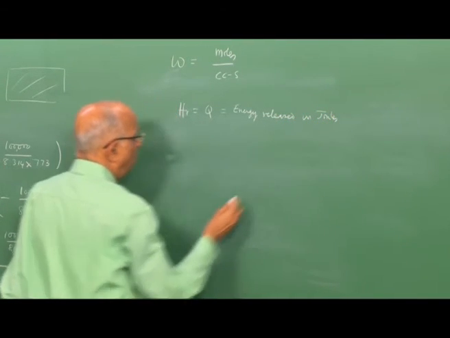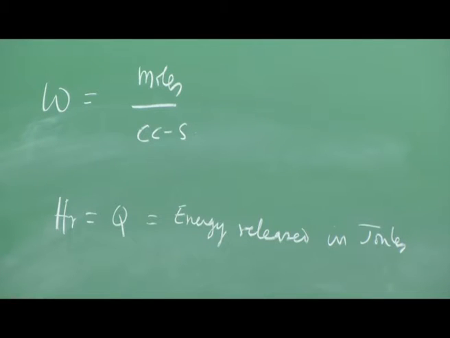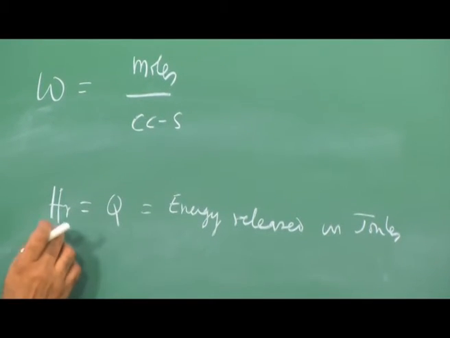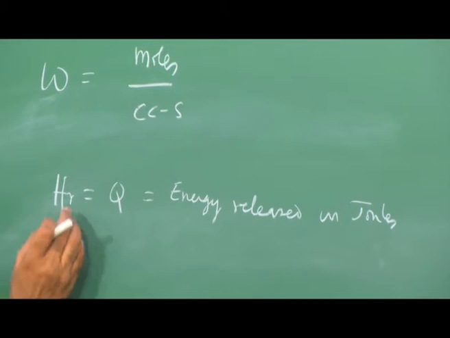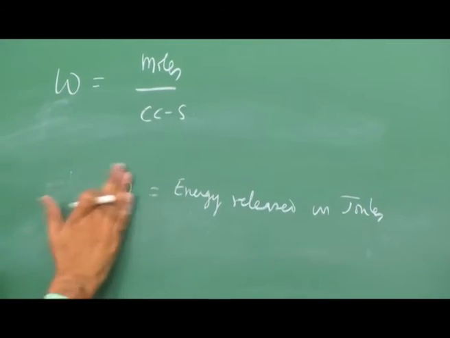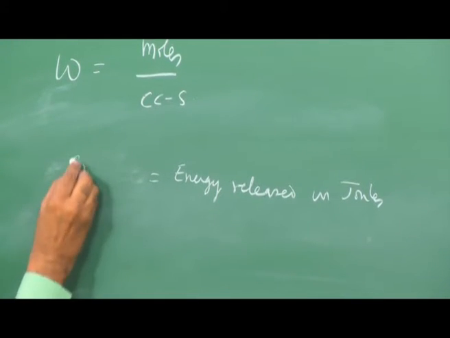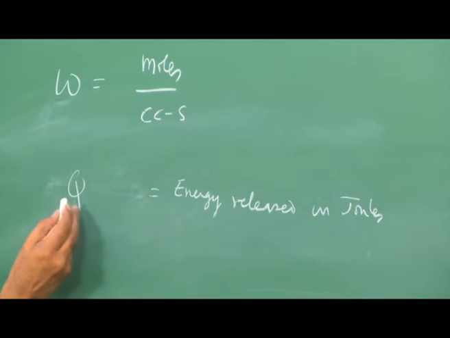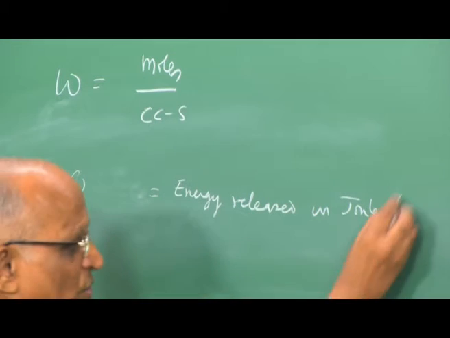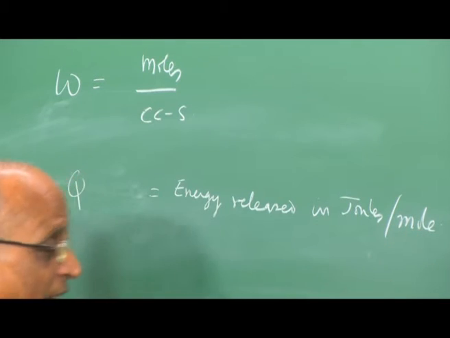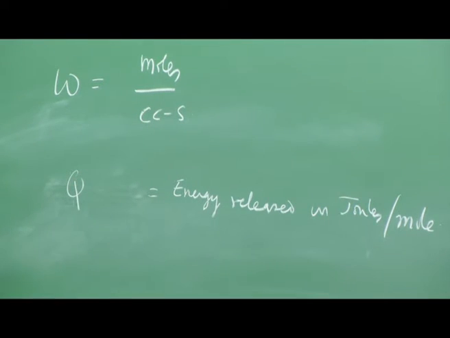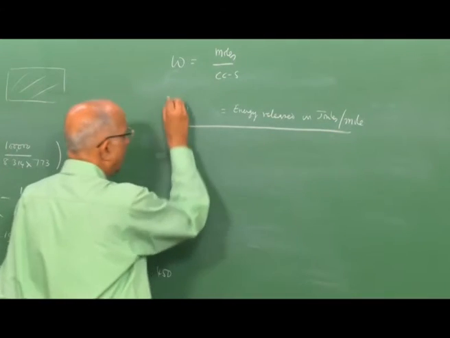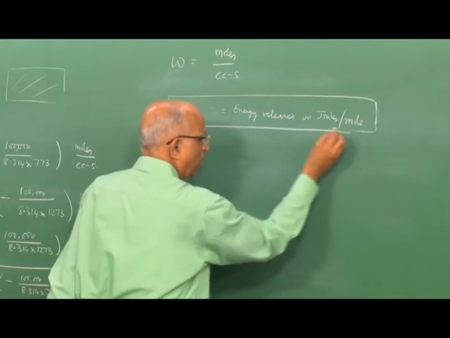How did we calculate it? We have some moles of the reactant giving product, and HR was for the total number of moles. Instead of writing HR, I write Q as the energy released per mole of the reactants. Therefore, joules per mole is the energy which is released.